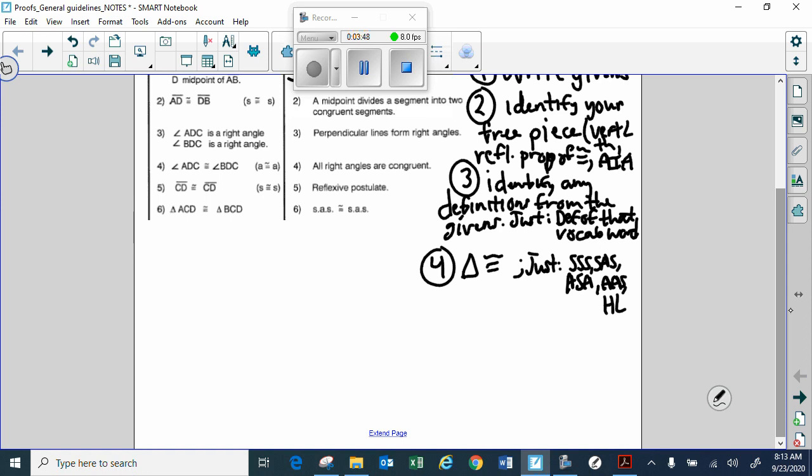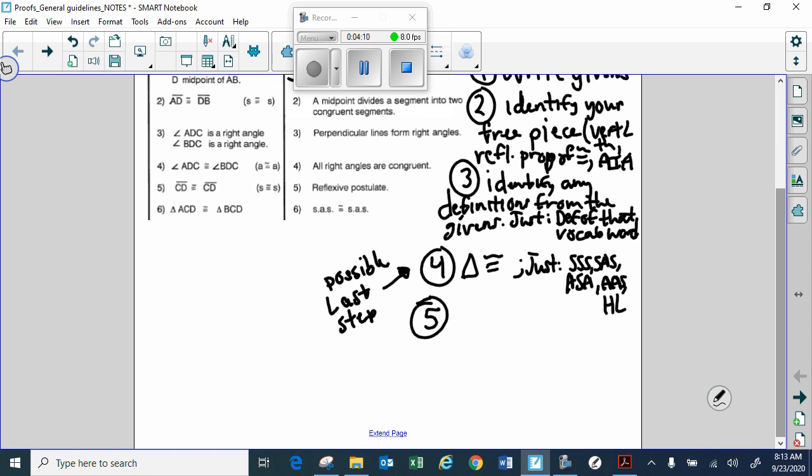Okay, only one of them. And so if you're going beyond proving triangles congruent, that could be your last step. Okay, if it asks just to prove two triangles congruent, that's going to be your last step.